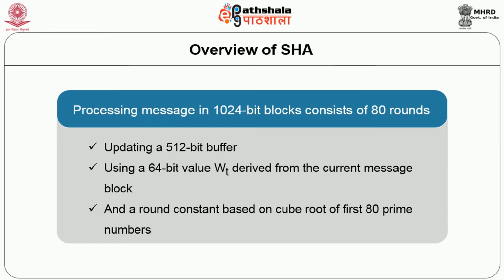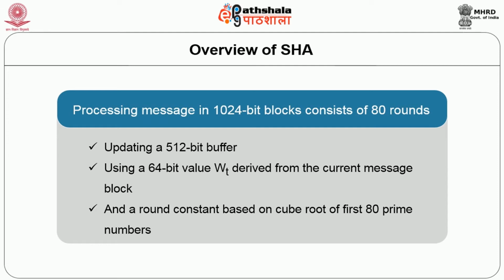Every round uses a Wt, which is a 64-bit value. Wt, where t is a suffix that represents the round number, is derived from the current message block. In the further discussion, we will see what we can use as Wt, meaning W1, W2, W3 and so on.